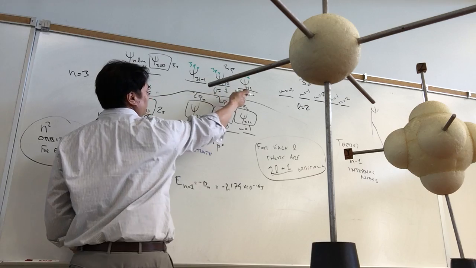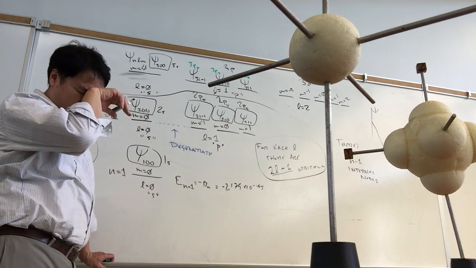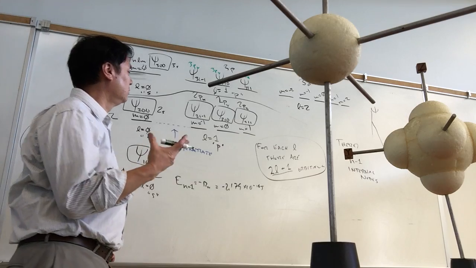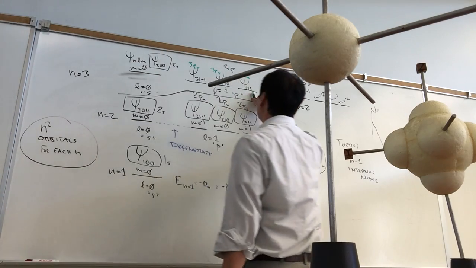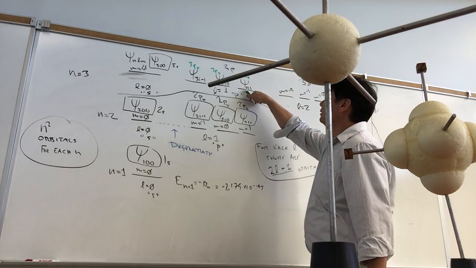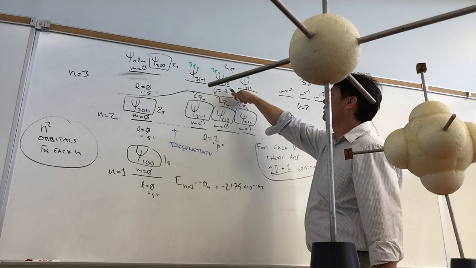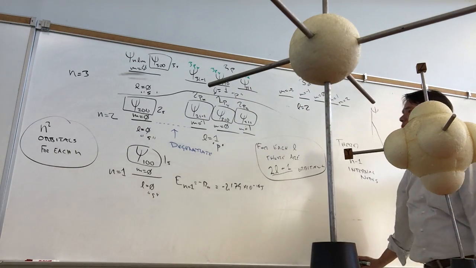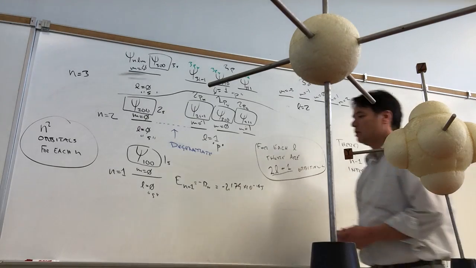The 3, 1, 1 and 3, 1, 0 have some orientation, but off the top of my head, I don't remember how we define the coordinate system for that. So 3, 1, 1 might be the x, and 3, 1, 0 might be the y, and 3, 1, negative 1 might be the z, but it doesn't really matter because we're not going to do anything with that right now.